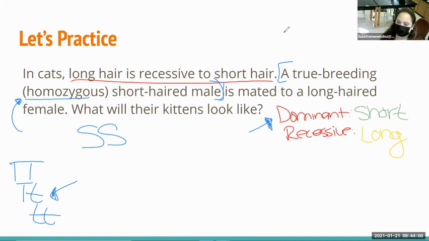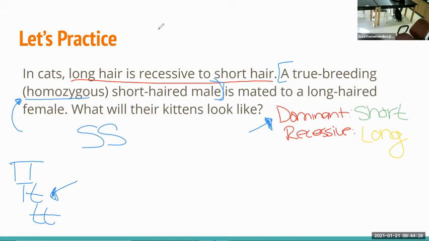A true breeding or homozygous short-haired male will look like a homozygous dominant, because it's homozygous and we know short hair is the dominant gene. This takes a little bit of critical thinking. It's not just going to give you stuff, but I have faith that we can do it. So now we know the male is homozygous dominant.